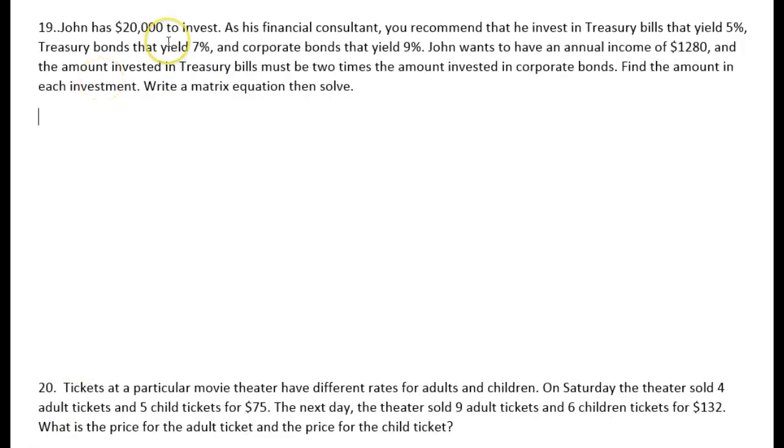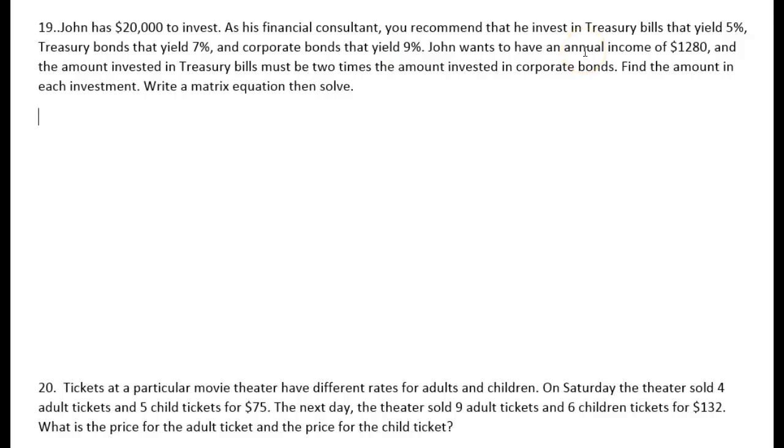John has $20,000 to invest. As his financial consultant, you recommend that he invest in treasury bills that yield 5% interest. They're talking about treasury bonds. This is something different. We got bills versus bonds that yield 7%, and corporate bonds that yield 9% interest.